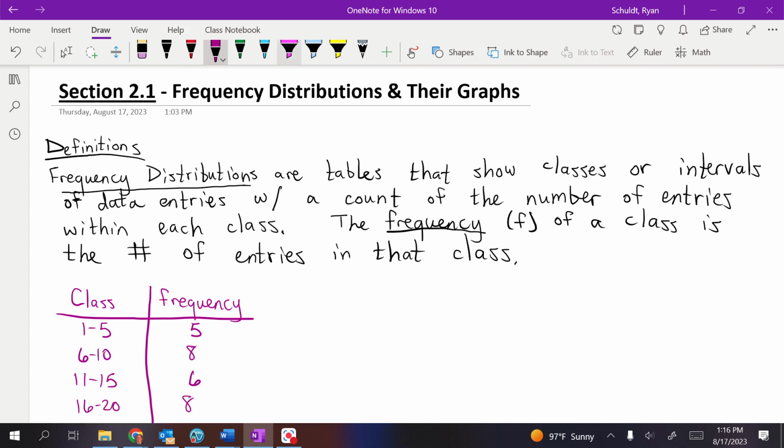Okay, so some things to point out here. These pieces, the 1, the 6, the 11, the 16, those are your lower class limits.